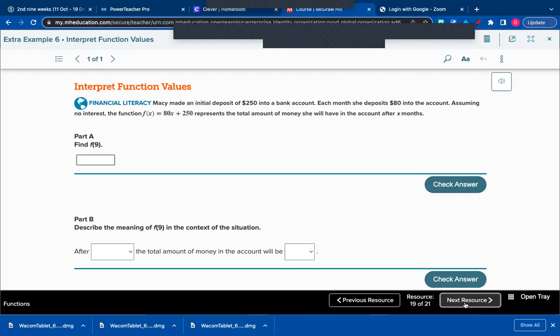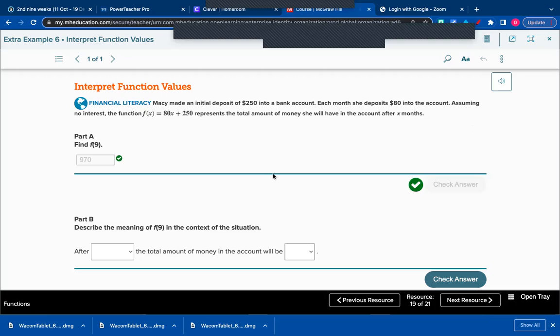That's a constant. So what's f of 9? After 9 months, well, here's our function. f of x is 80 times x plus 250, so substitute a 9 into the x. So 80 times 9 is 720 plus 250 is $970. So what does that mean, though?